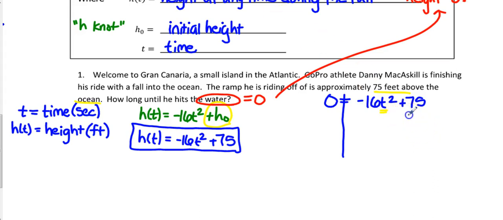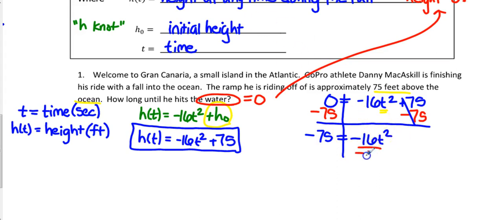Well, I see this positive 75. I can subtract that from both sides. So I get negative 75 equals negative 16t squared. And then I remember that negative 16t squared means negative 16 times t squared. So we'll divide both sides by negative 16.